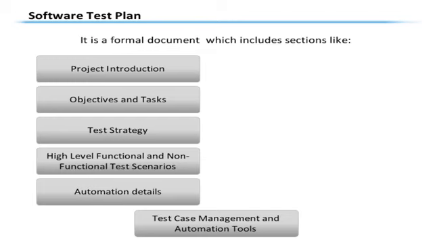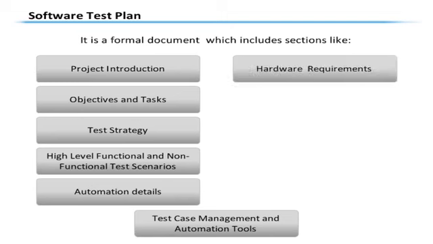It should also suggest the use of tools for testing automation. Hardware requirements: the test plan should list the required server, operating system, front-end and back-end details, the testing tools, if any, and browsers to be used if the application under test is web-based.